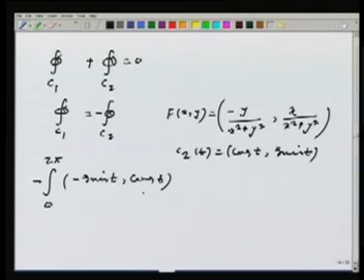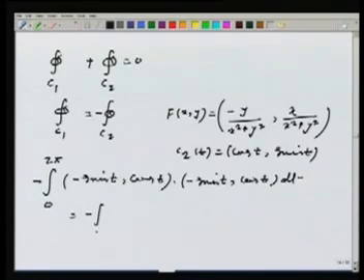I am not writing the denominator because cos square plus sin square is 1, dot, now C2 prime t, which is minus sin t, cosine t dt. But this is minus, well, because of the reverse direction, this integral actually is not 0 to 2 pi, it is from 2 pi to 0.